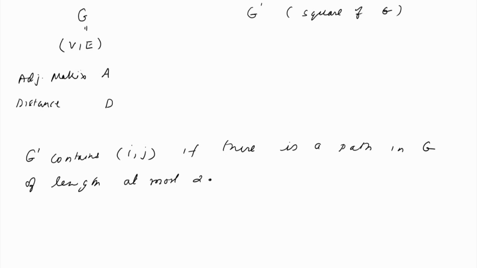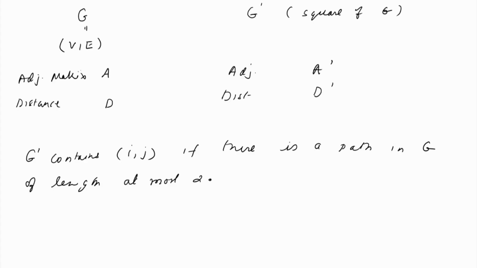Now, the adjacency matrix of G prime, let us call that A prime, and the distance matrix, let us call it D prime. Okay. A couple of observations based on this definition. If you look at a path in G of length, let us say 100, surely G prime will contain a path between these two vertices of length 50.